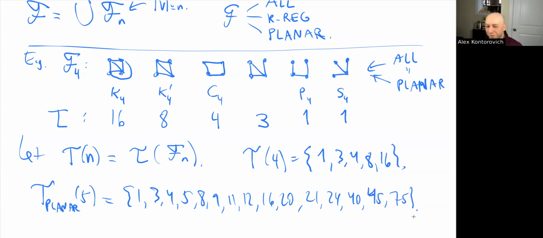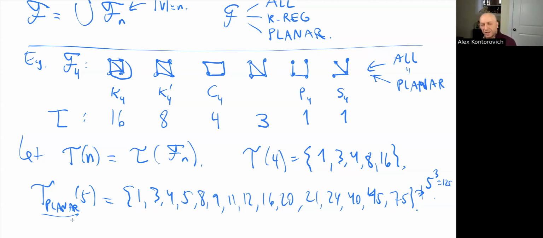Notice that you do not get 5 cubed. 5 cubed is Cayley's number, 125, and this is not in the set, because the complete graph on 5 vertices is not planar. Okay, does that kind of clarify things?